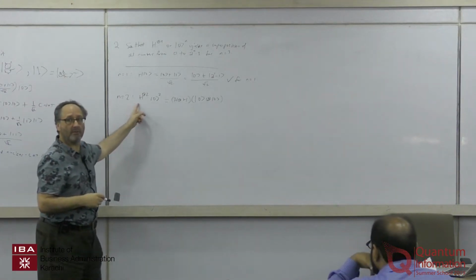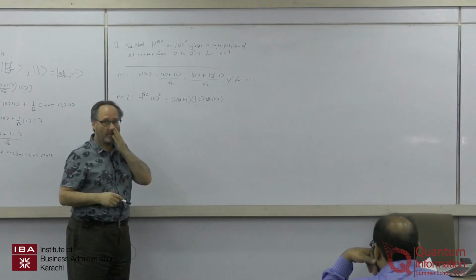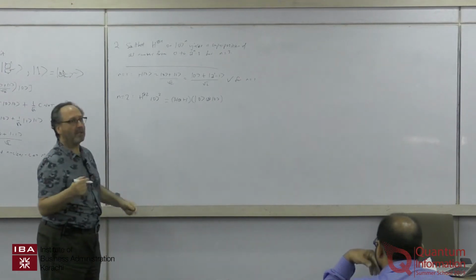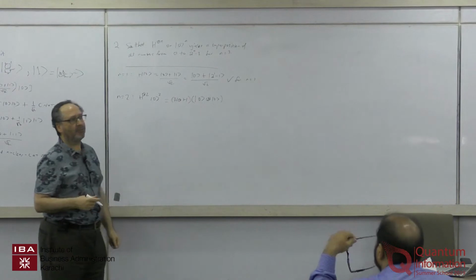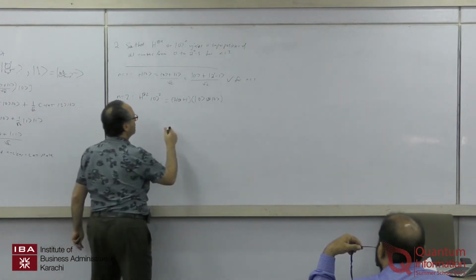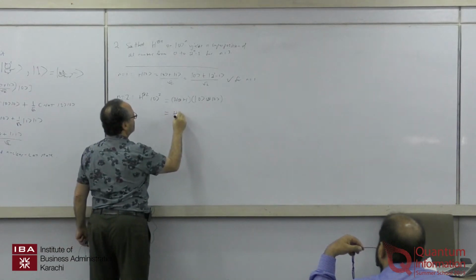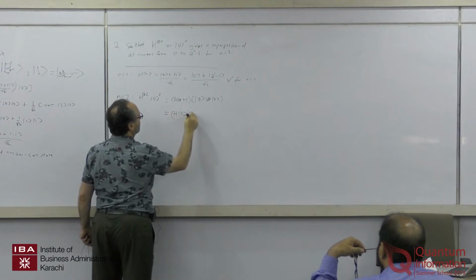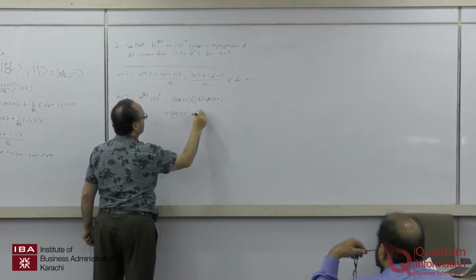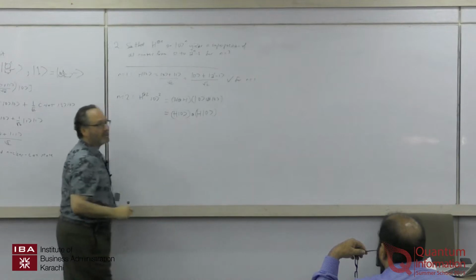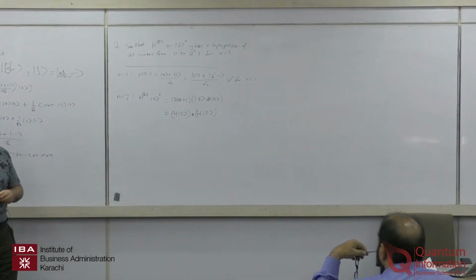So this is notation. H tensor H is 0 cross 0. And then here we use the bilinearity property. So this is equal to H on 0, H on 0. Okay?